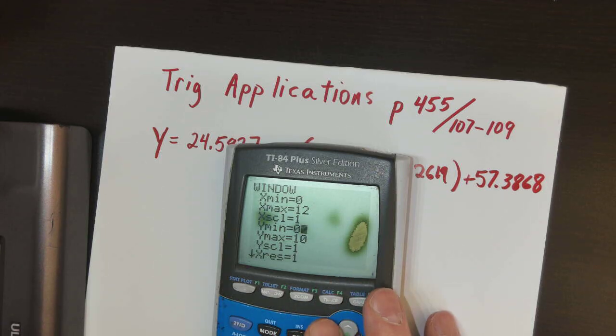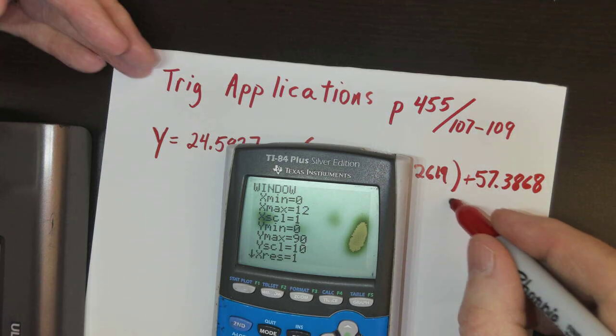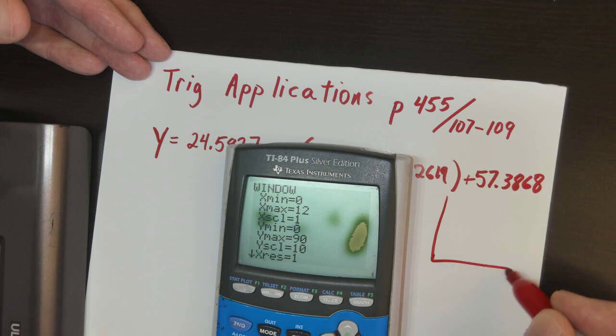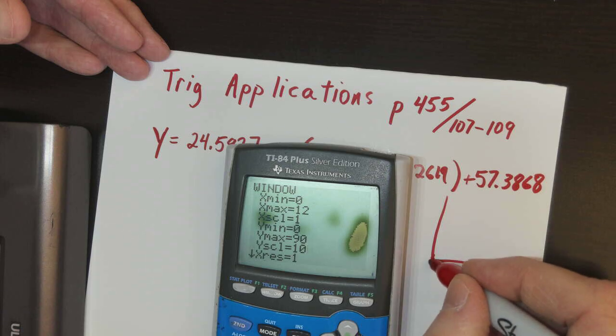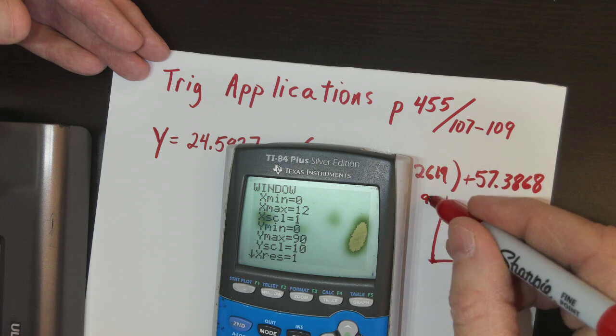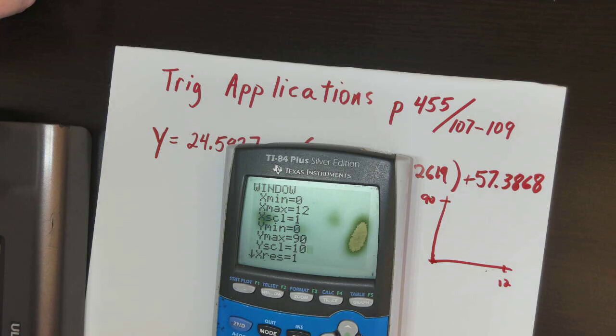Wow, in January, 1 degree Fahrenheit was the high temperature for the whole month of January in Fairbanks. 83 in August in Boston's the high there, so I'll just go 0 to 90 and scale by tens. I'm just setting the y-axis and the x-axis, from 0 to 12 and from 0 to 90, and just setting the scale. That's all I'm doing with this right now.